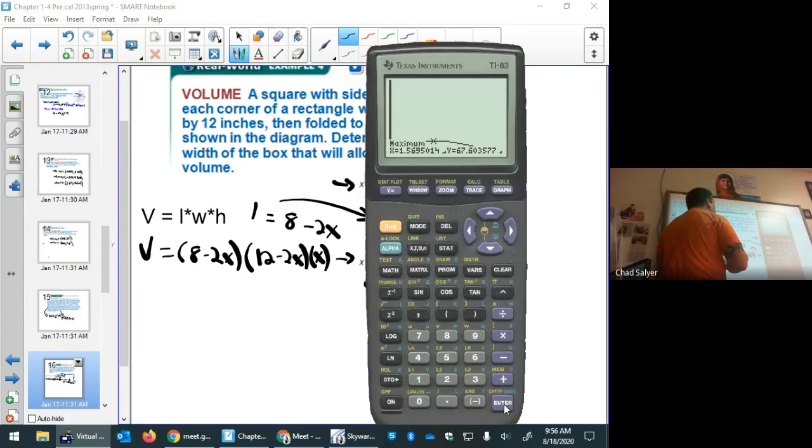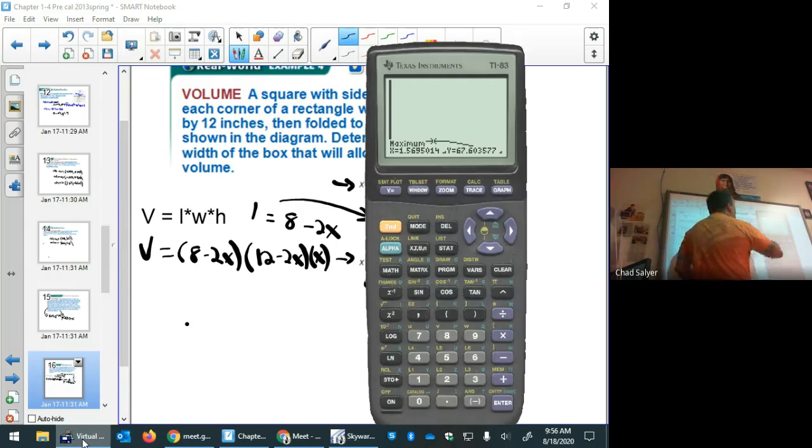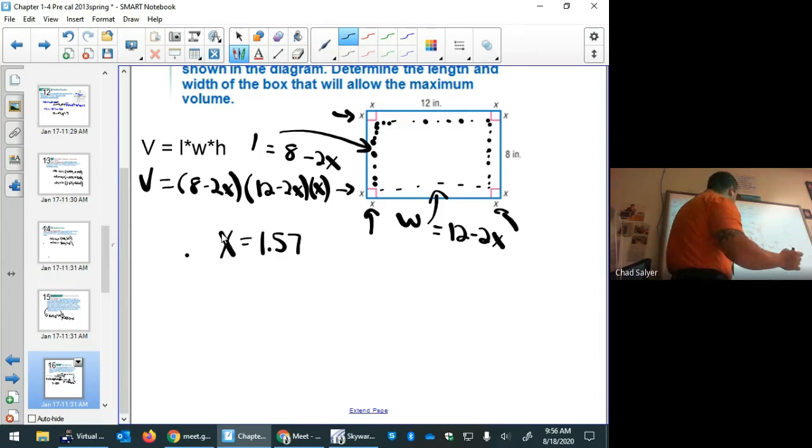So about 1, and does it give us a direction on rounding? It says determine the length and width. Okay, so we'll just go to the nearest hundredth. X equals 1.57. So that optimizes. So that's a max volume.